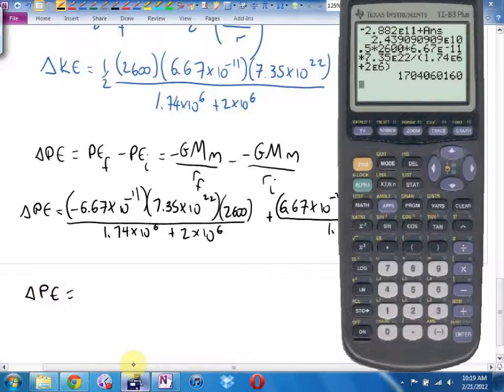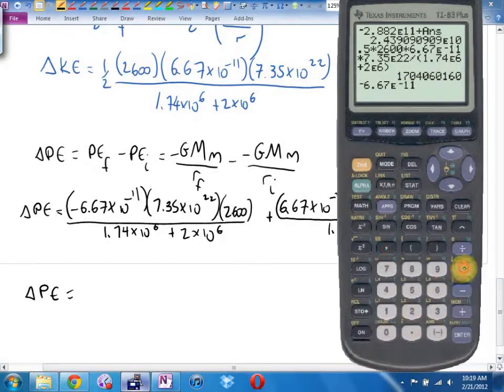What's the change in potential energy? Let's see. Times 2600 divided by bracket 1.74 times 10 to the 6 plus the altitude.